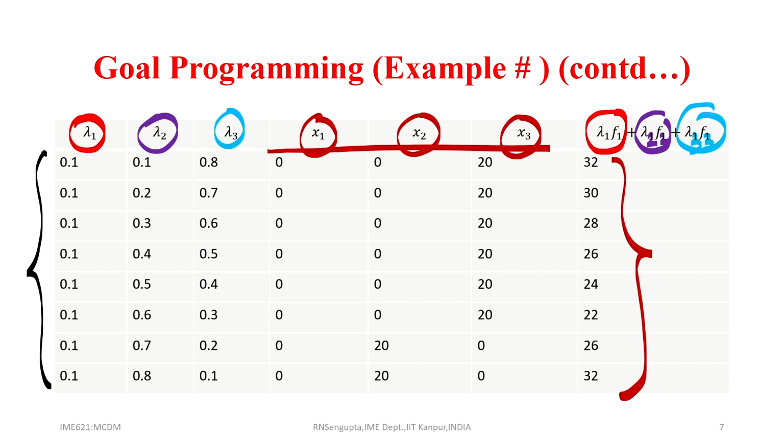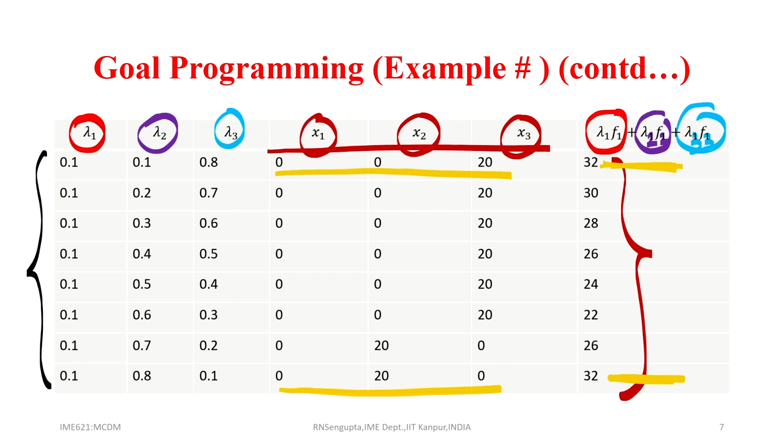Now, immediately you may jump to a conclusion, and that may be an interesting snapshot here. If you consider these 2 sets of points, let me use this one, 32 here and 32 here, the objective functions are the same, but interestingly the decision variables are 0, 0, 20 and 0, 20, 0, which can be considered as Pareto points for the same objective function value.